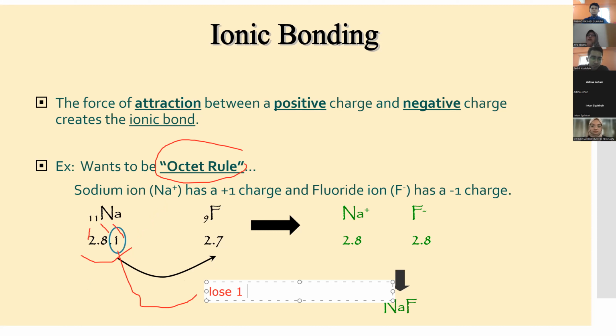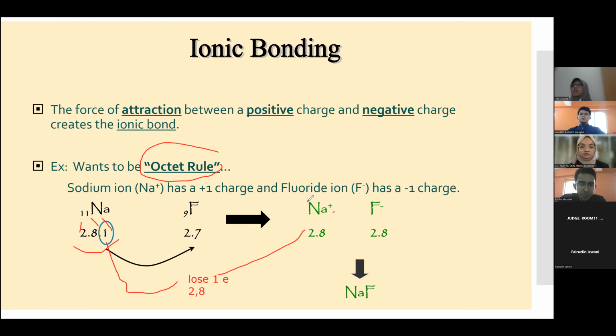They lost 1 electron. When they lost 1 electron, they become 2 and 8. This is a complete electron configuration. Then, because it lost 1 electron, it becomes an ion, a sodium ion. It becomes a cation.